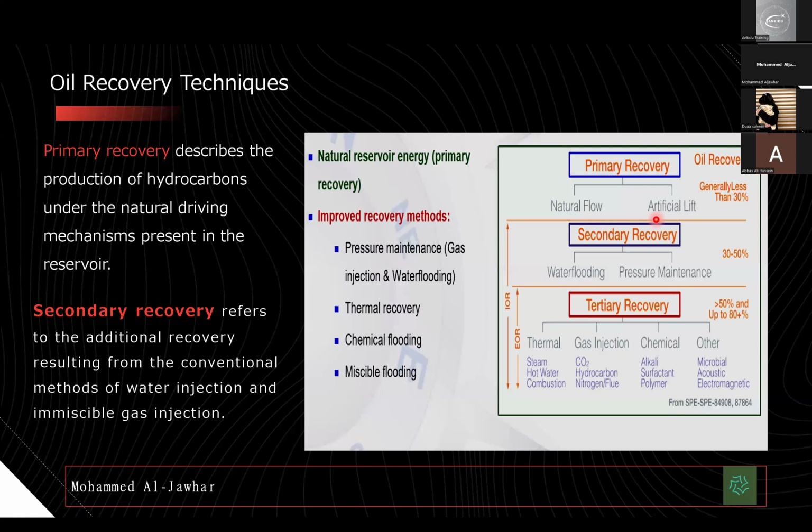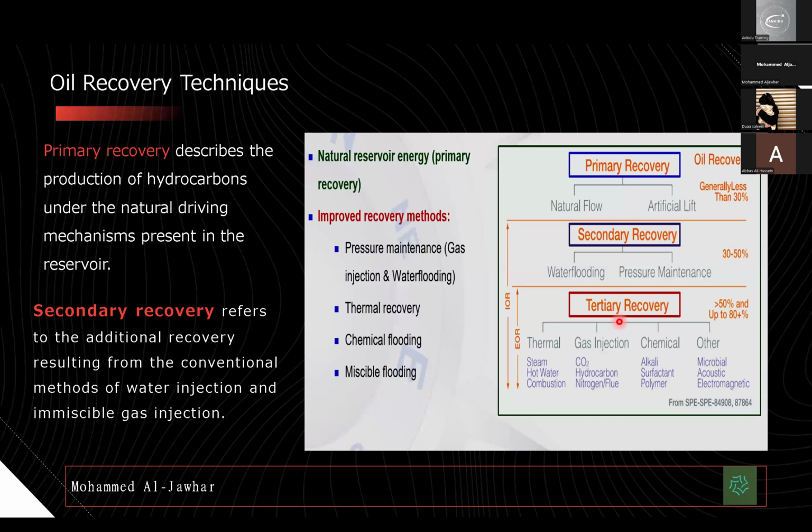Is it ESP or any type of artificial lift we can use? Then we can think about when we have to maintain our pressure and go for secondary recovery such as water flooding or pressure maintenance. So we have to think about our overall recovery.